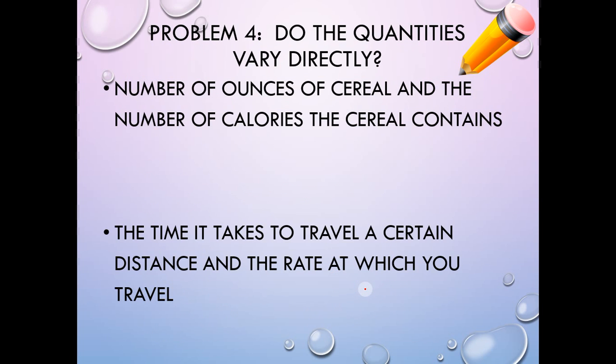Now, final thing. Do the relationships I have here vary directly? Now, direct variation means if something is going up, the other thing related to it is also going up. So if you think about, let's say, a recipe, and I know for each cup of sugar I have to add, I'm going to add 2 cups of flour.